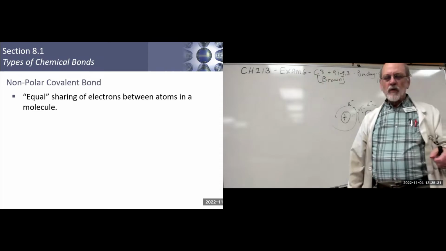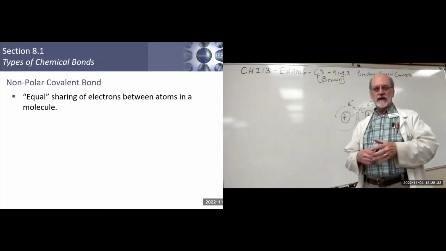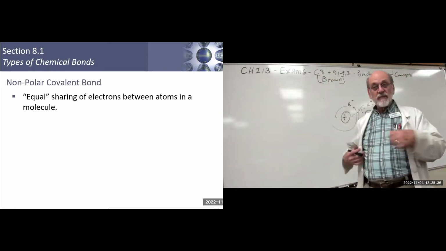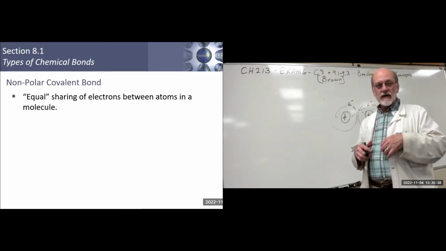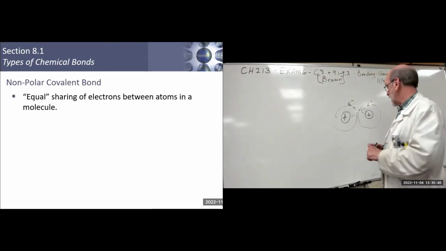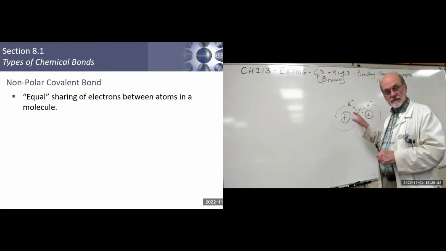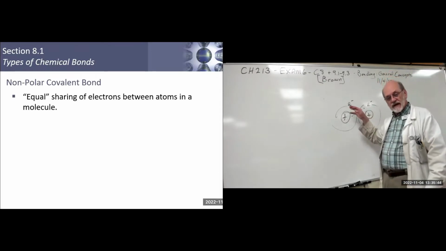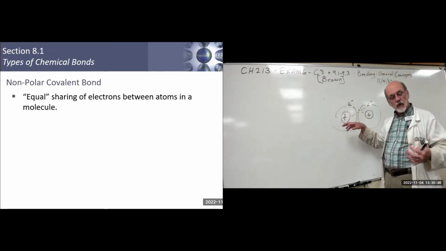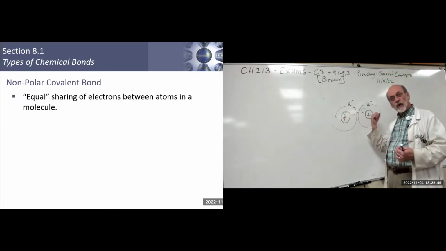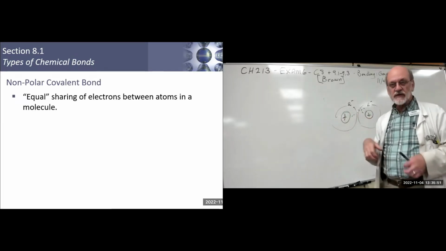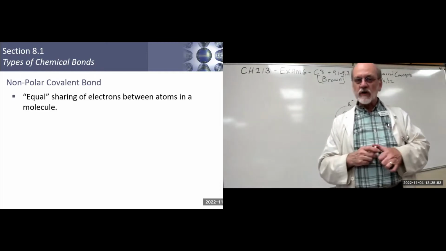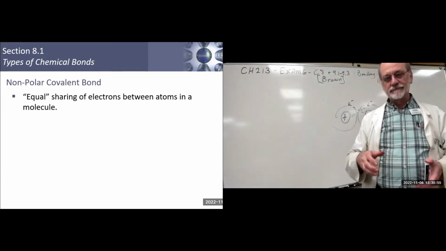So when we have equal sharing of electrons in the bond, then we have a non-polar covalent bond. And that's what you get with two hydrogens, right? Because neither one of them has the electronegativity required to draw electrons away from the other one. So it's an equal sharing. That's what we would call a non-polar covalent bond.